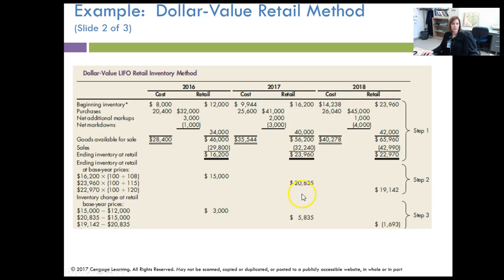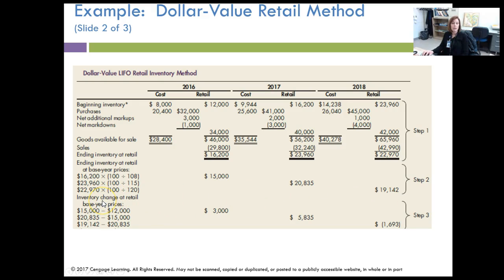And that gets us 20,835 for our ending inventory based on the base price indexes. And then we've done the same thing for 2018, and that gets us to 19,142.